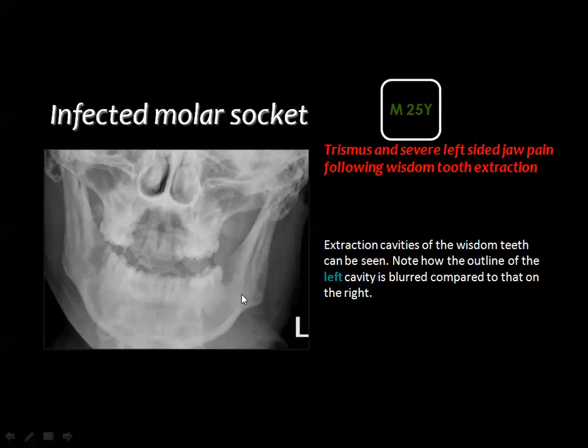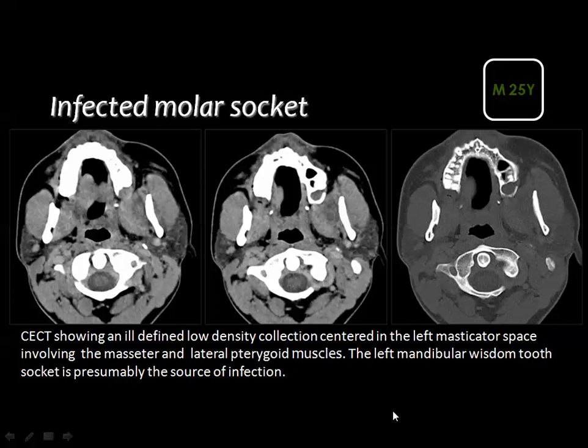And if you look carefully, there is a rarefaction of the bones surrounding this socket compared to the extracted opposite molar tooth with clear cortical outline. And this haziness is highly suggestive of the presence of infection at this place.